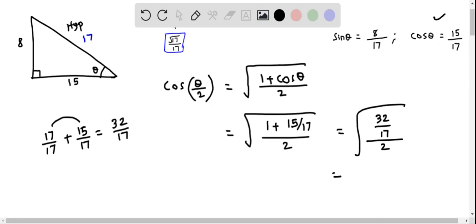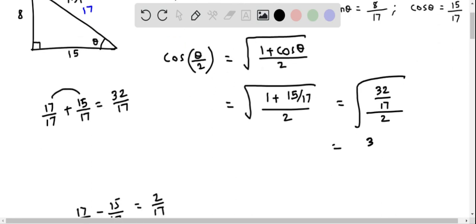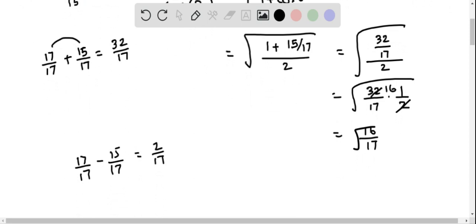So we can simplify this. This 32 over 17 divided by 2, I can write as 32 over 17 multiplied by 1 over 2. So therefore I can cancel, and this equals 16 over 17 under the root. Let's rationalize this. So this equals root 16 over root 17.